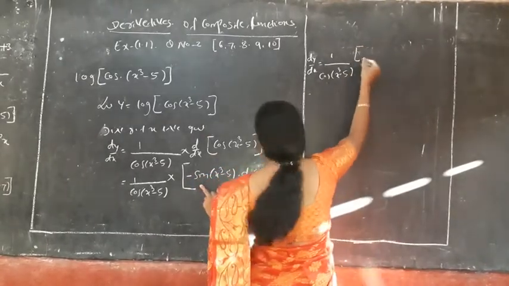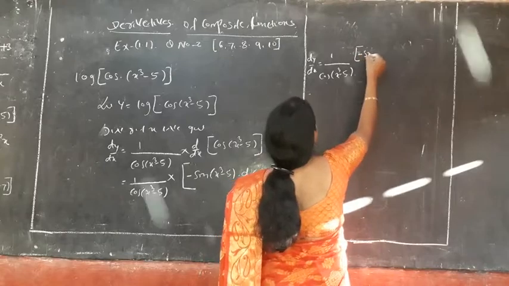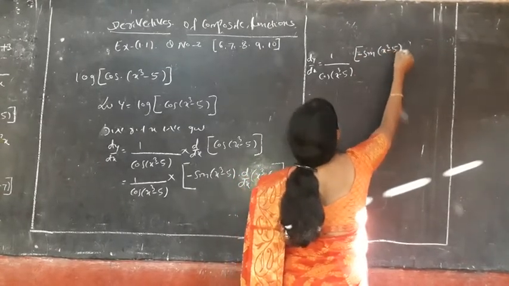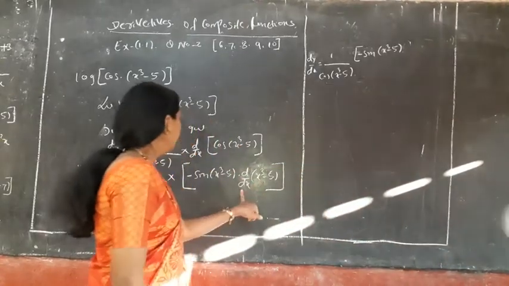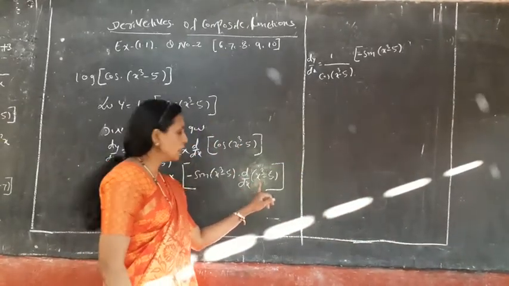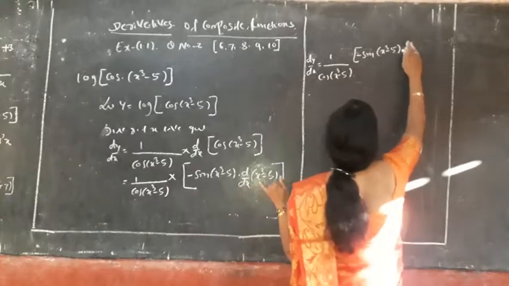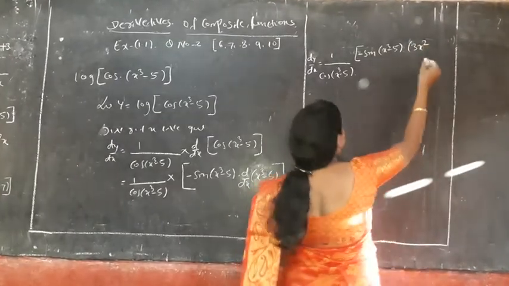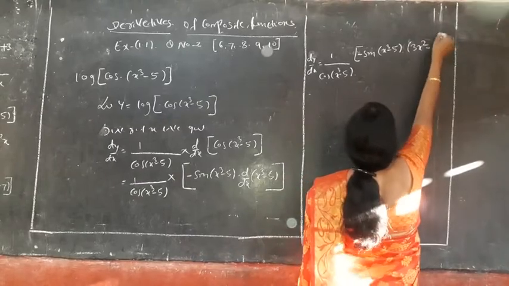into minus sin of x cube minus 5 into differentiation of x cube, which is 3x square, and differentiation of the constant term 5 is 0.